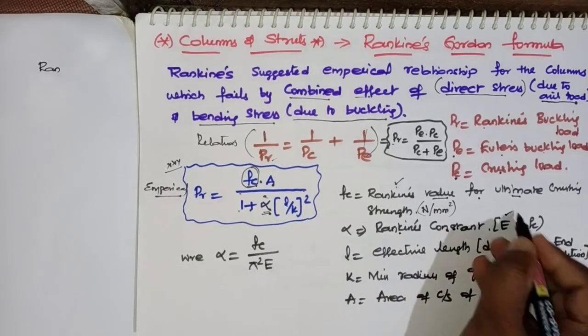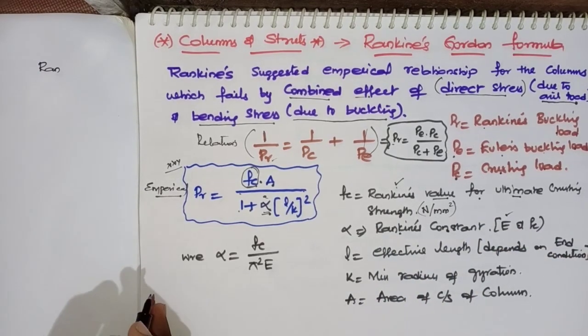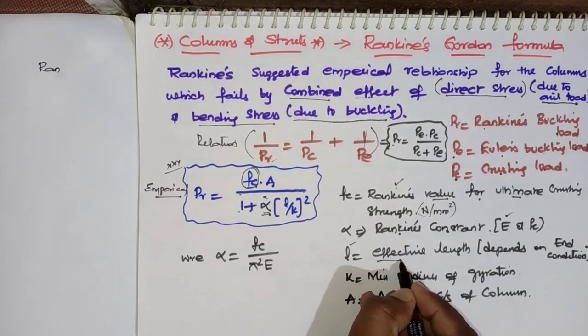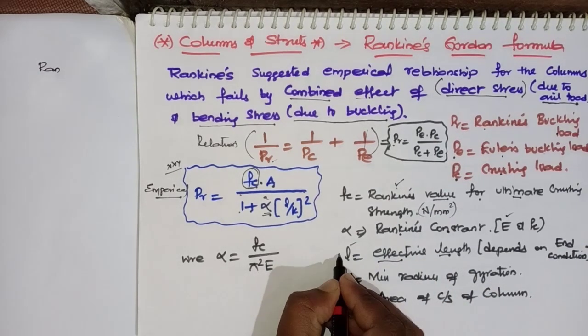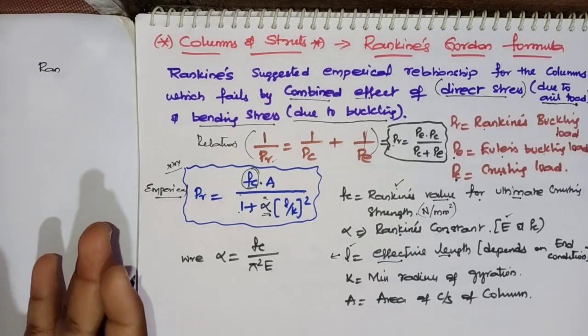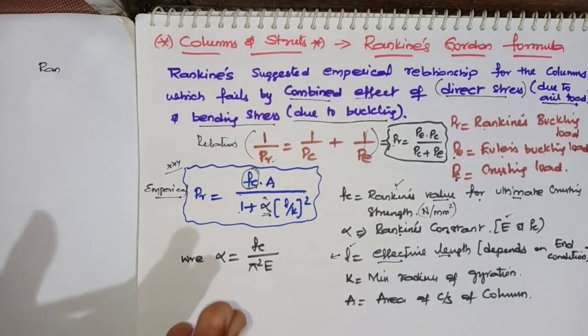It depends upon the E and Fc values. E is Young's modulus of elasticity of the material. Effective length, which is also called equivalent length, depends upon the end conditions, like both ends pinned, one end hinged one end fixed, both ends fixed. Based upon that you will be choosing.